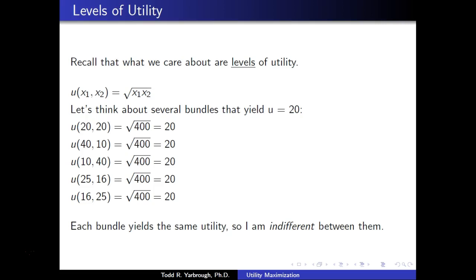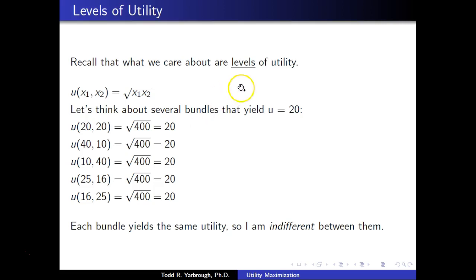So let's consider a utility of 20. A utility of 20 would imply that the square root of the product is 20, so the product is 400. So all I have to do is think about all the different bundles of x1 and x2 which yield me exactly the square root of 400, which is 20, as I've said previously.